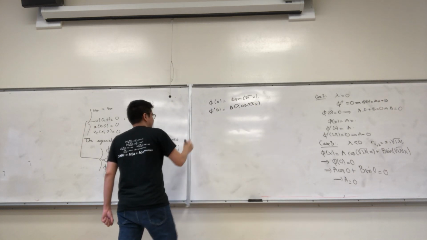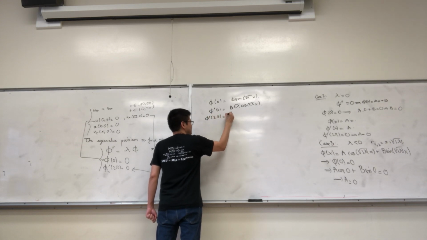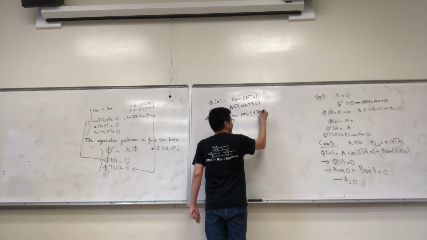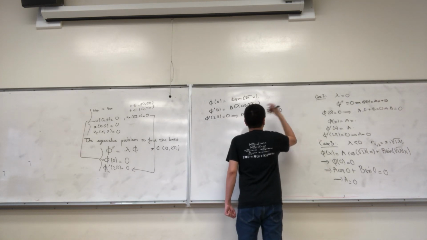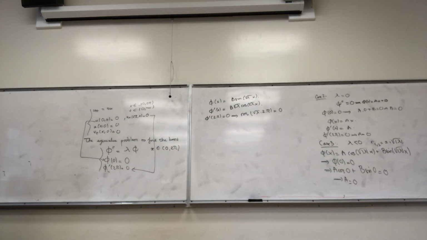So you have phi prime at 2 pi is 0, which means that cosine of square root of lambda times 2 pi is 0. Right? So what can you say about lambda? Because square root of lambda times 2 pi has to equal n pi plus pi over 2.